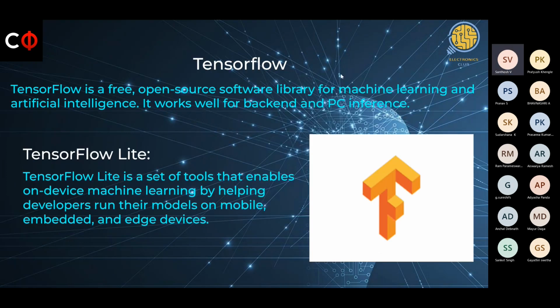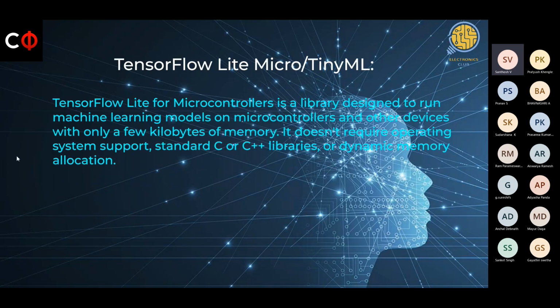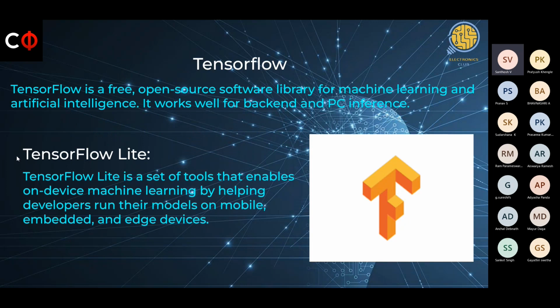For handling TinyML, we use a library called TensorFlow. TensorFlow is a free open source software library made specifically for using ML on all devices. TensorFlow Lite exists so that we can run these ML models made by TensorFlow on smaller devices or embedded systems, on mobiles and edge devices.